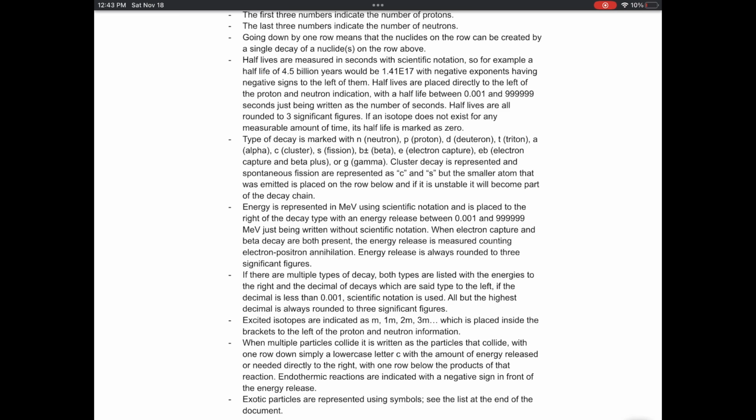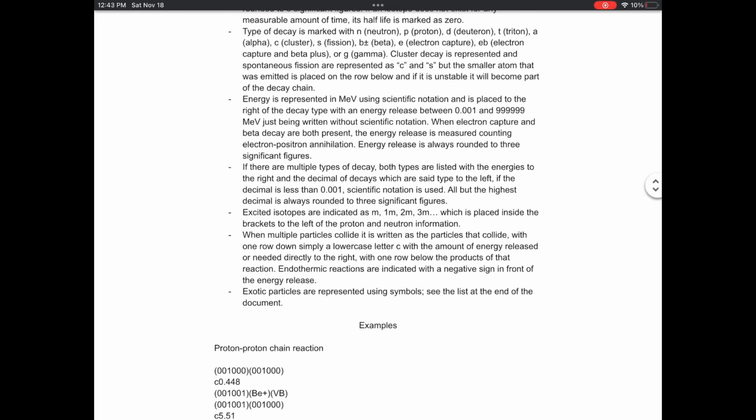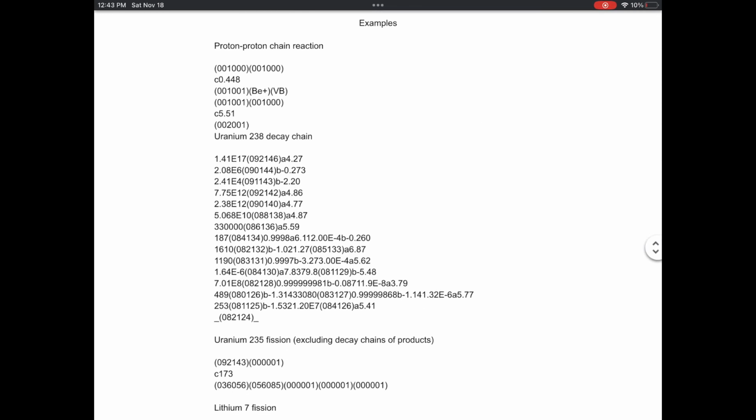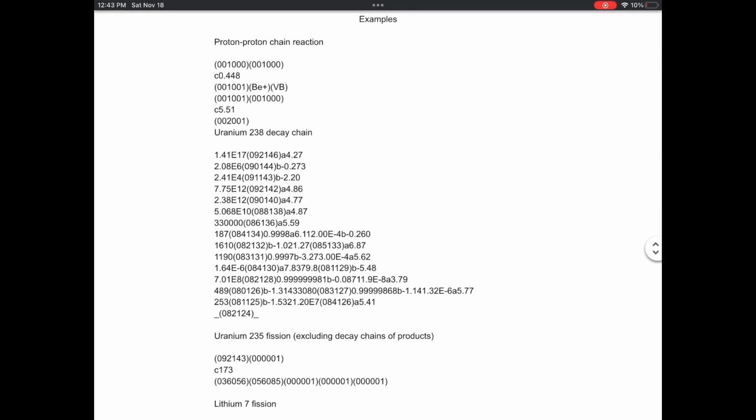Now you might be confused and think, oh, if there's no spaces between stuff, I might get confused and not know where the information for one isotope ends and the other starts. But if you take into account that all of the information is rounded to 3 significant figures, it should be pretty easy to figure it out.